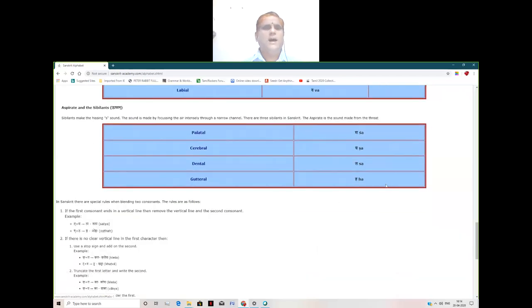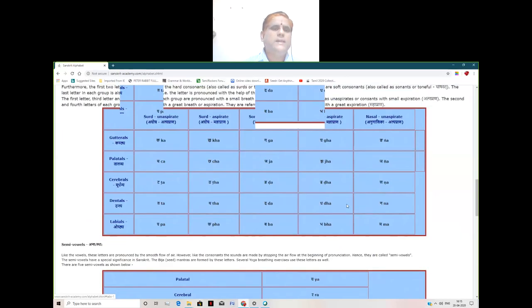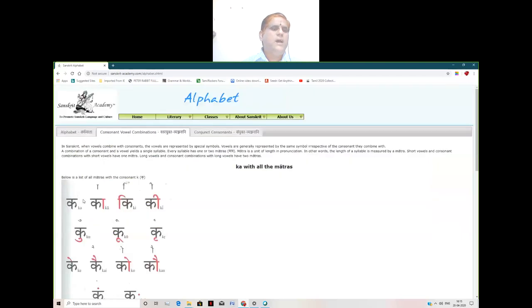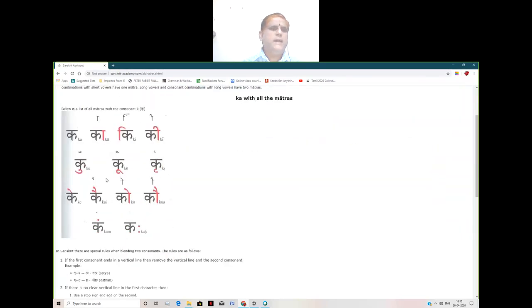Likewise, ha, hi, hu, he. Likewise, you have to write all the letters by seeing this model of Kakar. So I need not give much more explanation about this, though once I will read and show you the letters which are different.